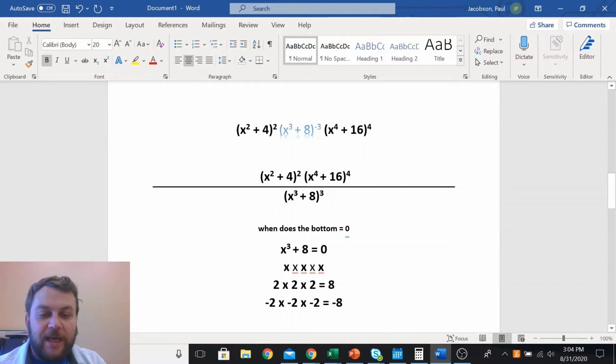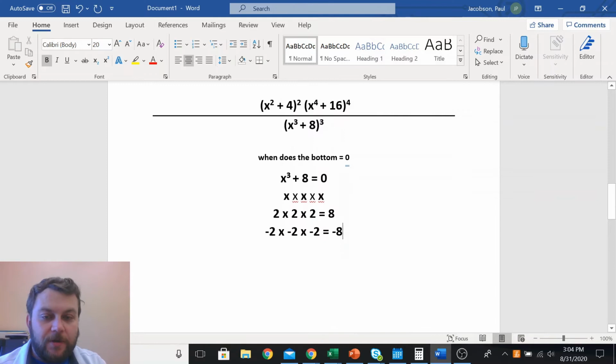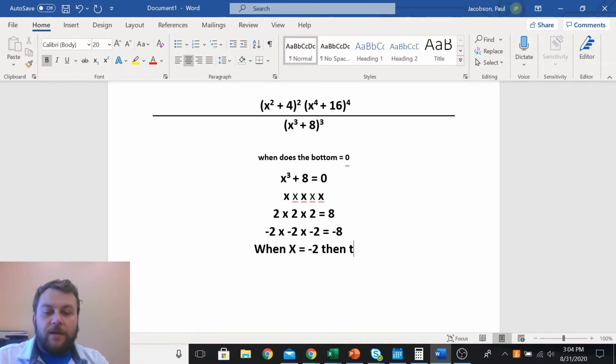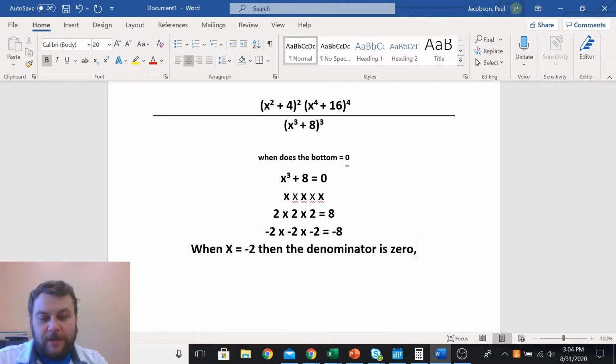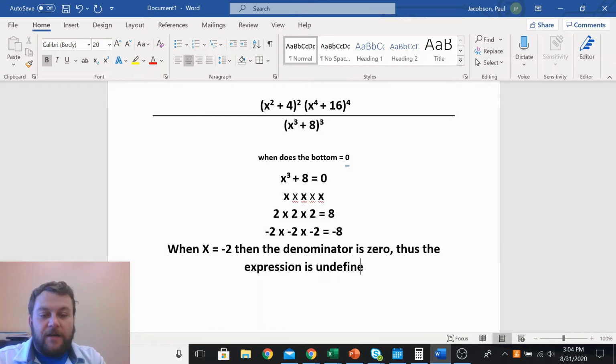Negative 8 plus 8 is 0. Our denominator becomes 0. So when x is equal to negative 2, the denominator is 0. Thus, the expression is undefined.